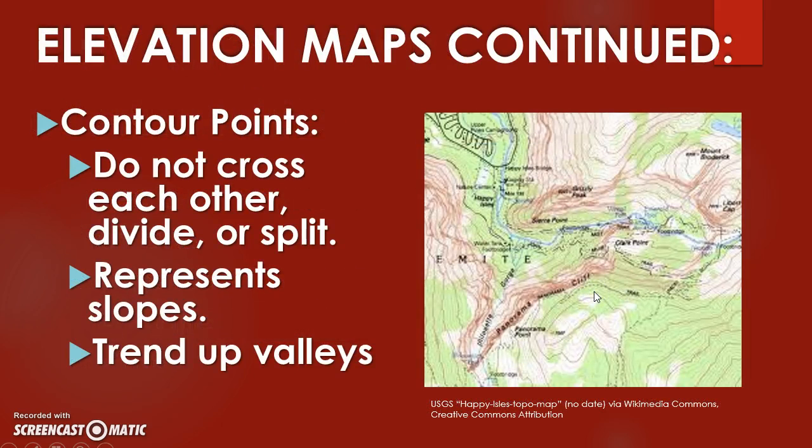Elevation maps continued. Contour points. They do not cross each other, divide, or split. They represent a slope, which means how steep or tall a mountain is. As you can see these swirly lines, once again, it shows the elevation of the slope of the mountain and how steep or how deep it may be.